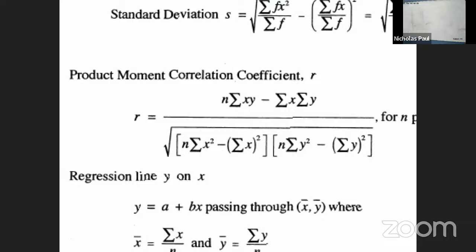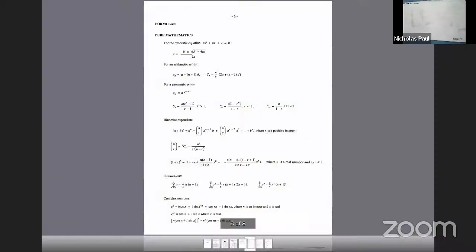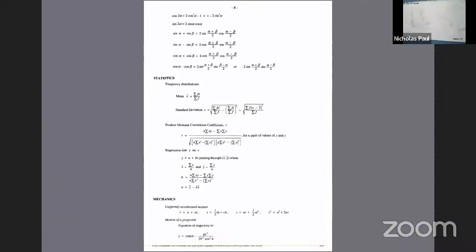The good thing about this version is that you don't need to find SXY and all those things.